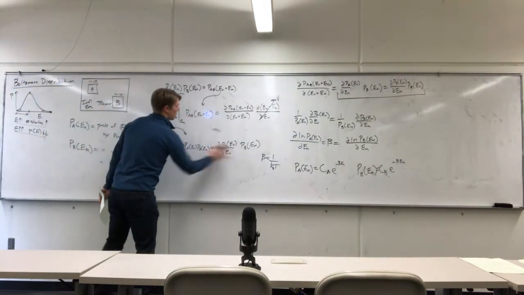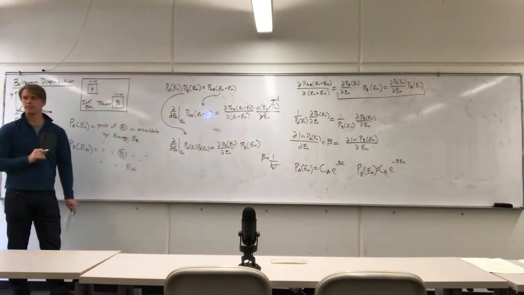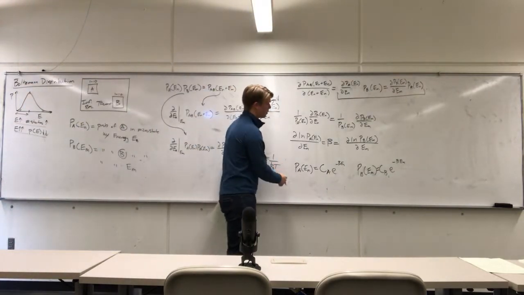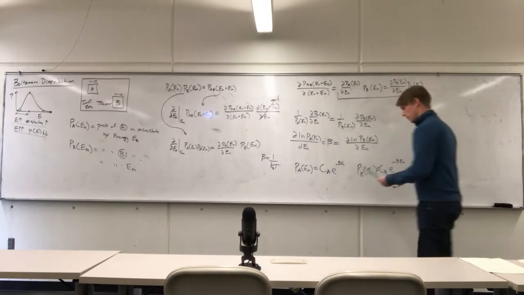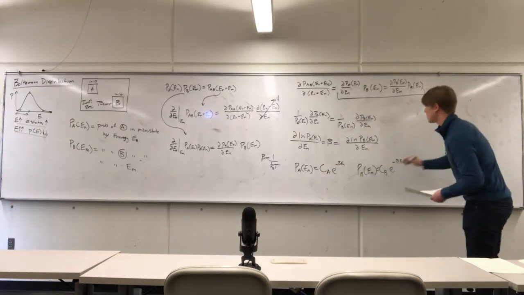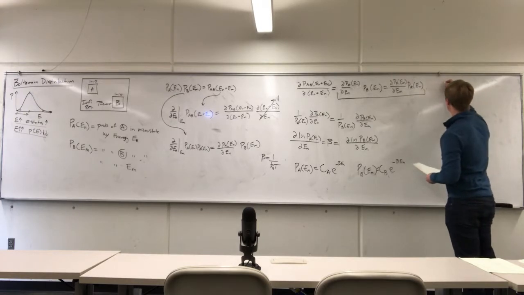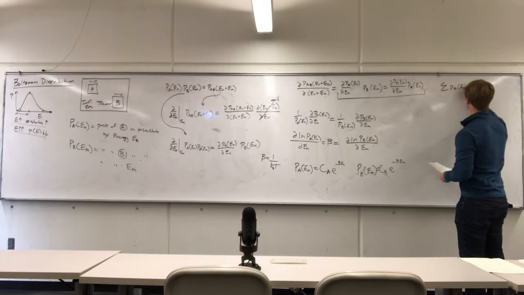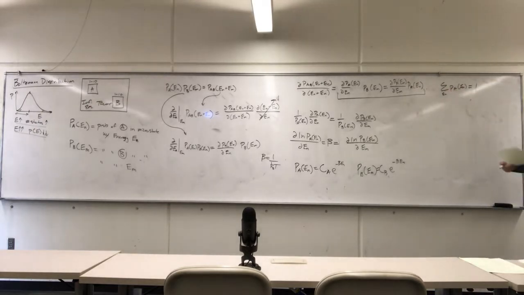Then we manipulated it through a little bit of calculus, went through the process of doing separation of variables, and we derived this term here. So in order to get the constant of integration, we know that the summation of all the probabilities has to equal 1. The system has to be in some state.